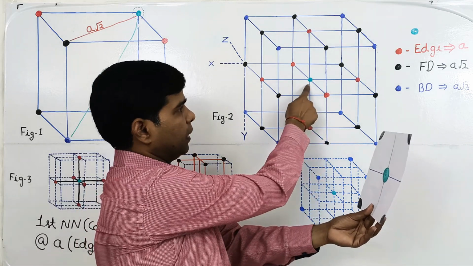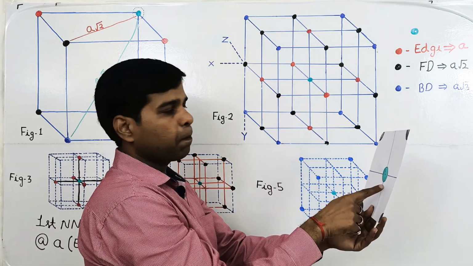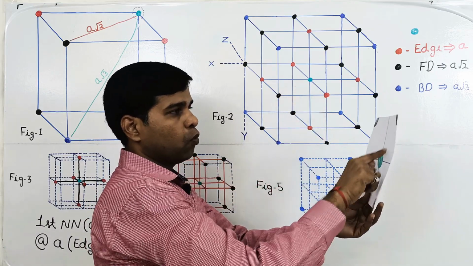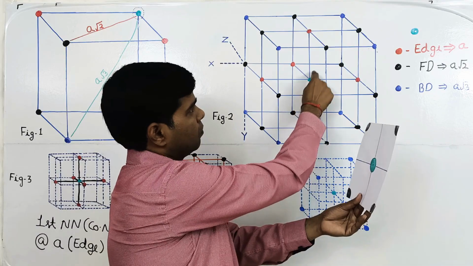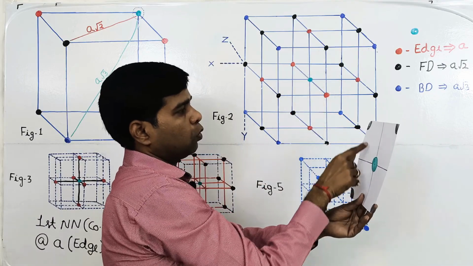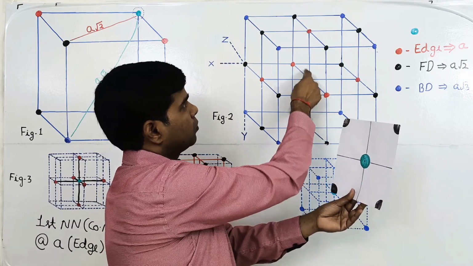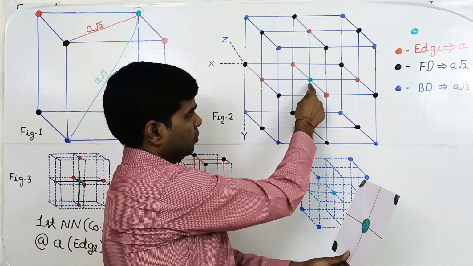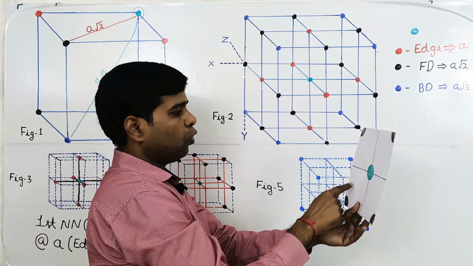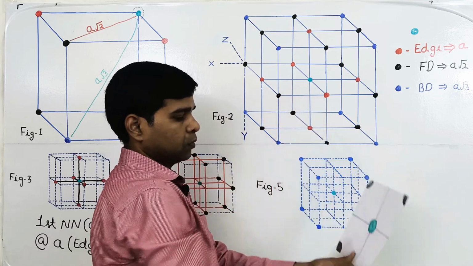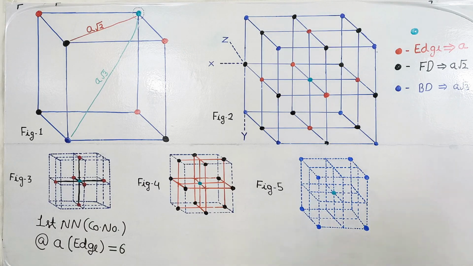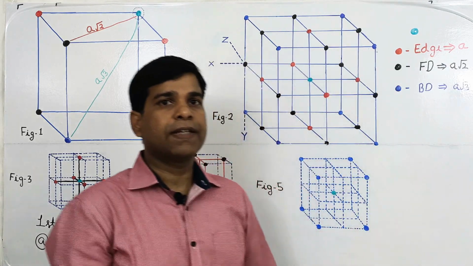Green is our reference particle and it is also surrounded by 4 particles: 1, 2, 3, 4. So again it is surrounded by 4 particles in the yz plane.